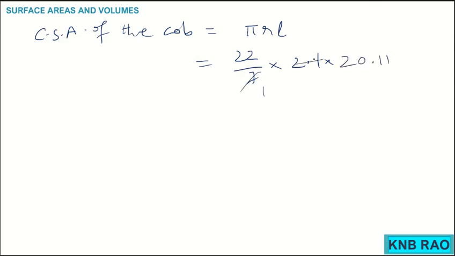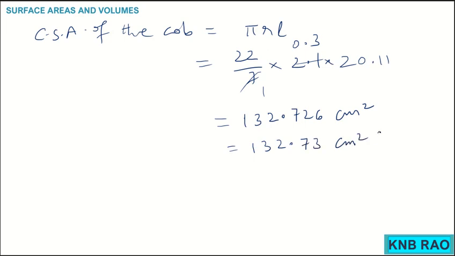So 7 ones are 7, 0.3s are. Now the product of 22 and 0.3 and 20.11 you will get as 132.726 centimeter square. Now we can correct it to 2 decimal places: 132.73 centimeter square approximately.